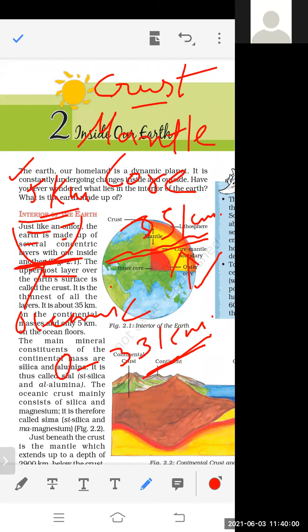Even if there are mountains on the crust, the 35 above mountain height, it can be 70 kilometer thickness over the mountains, correct?